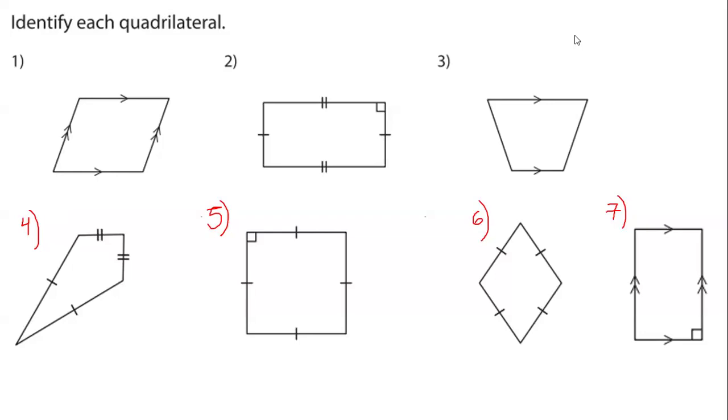What number you on? 5. Number 5. Tavana, what number you on? I can't hear from Tavana. Randolph Bethel, where's Randolph? Yes, sir. What number you on? 3, because I was just doing it. Okay.